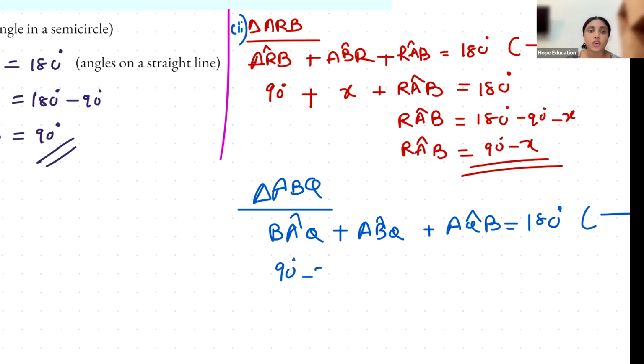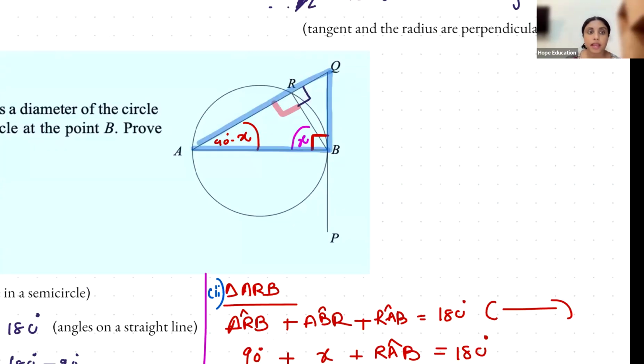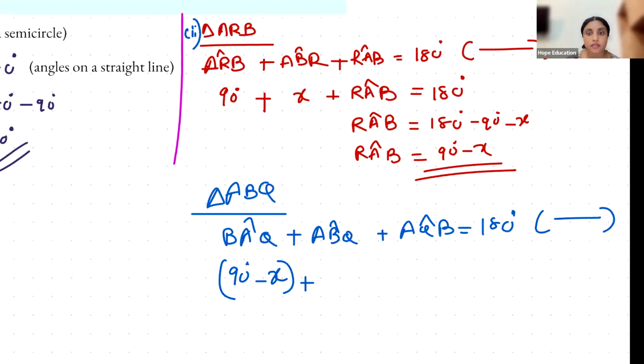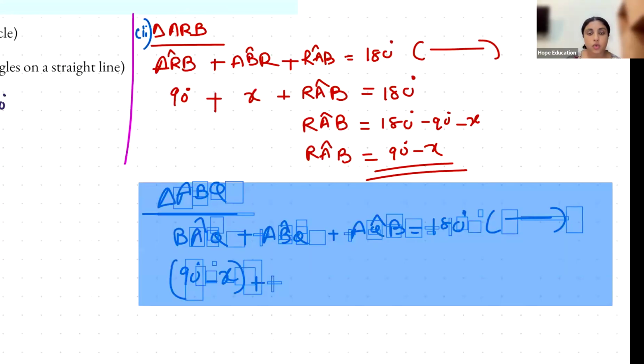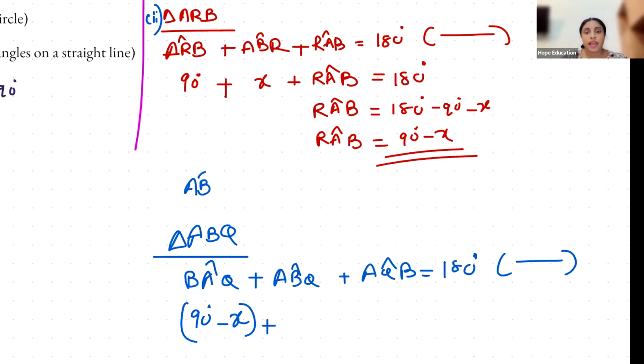Plus ABQ. ABQ is this. I already found that as 90 degrees. Here we didn't write earlier that we found it to be 90 degrees, no? We might have to include that as a step. So ABQ equals 90 degrees, because radius and tangent are perpendicular.